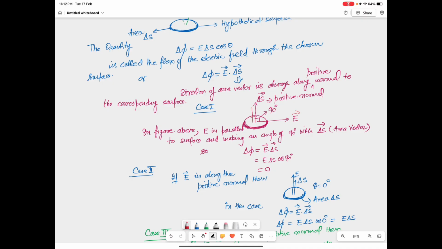Therefore, when the electric field is running parallel to the surface, the total flux passing through the surface is 0, and we write delta phi equal to 0.